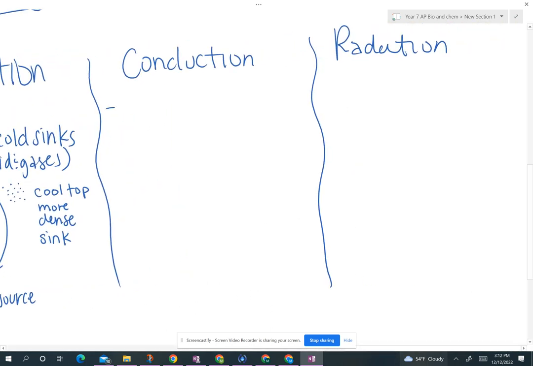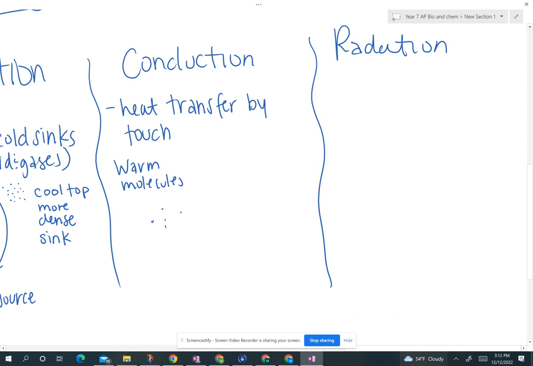Next one is conduction, and this is going to be heat transfer by touch. So what is going to happen is that warm molecules, same as we kind of saw in convection, become more spread out.